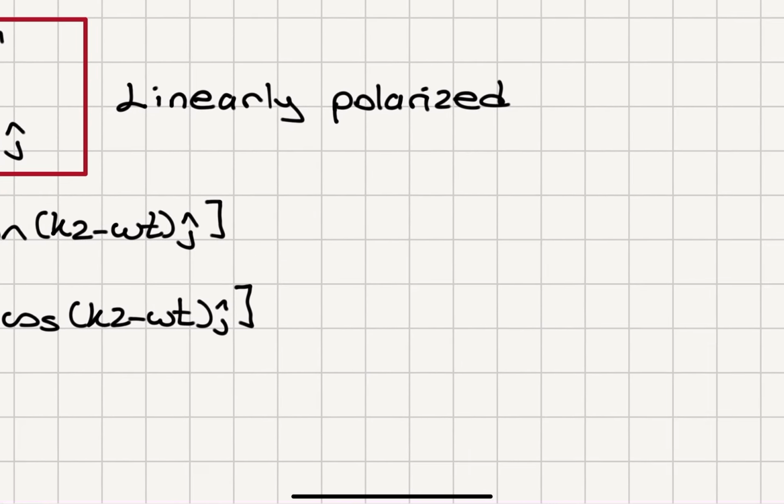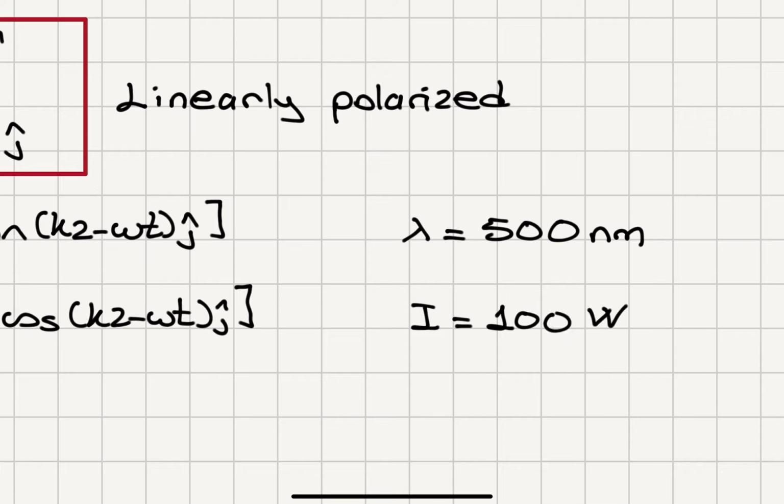I'm given the wavelength of the green light is 500 nanometers. The intensity is 100 watts per meter square.